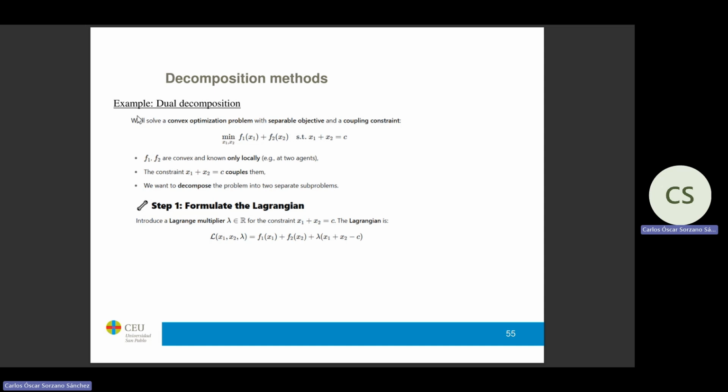So here you are minimizing a function that depends on x1 and x2, but f1 depends on x1 and f2 depends on x2.